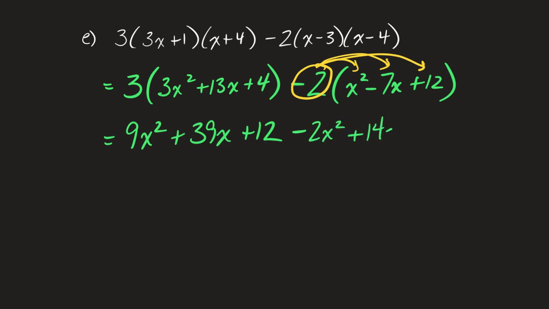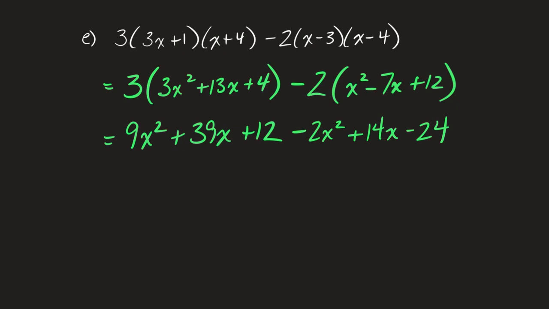There's my plus 14x and my minus 24 when I've now fully expanded. So by keeping that monomial out in front, I think that actually makes our life easier and allows us to avoid a risk for mistake.